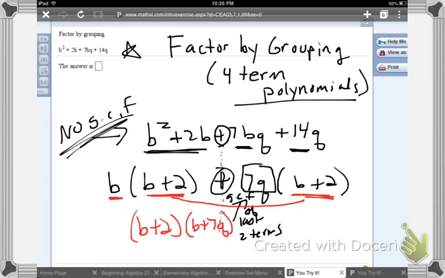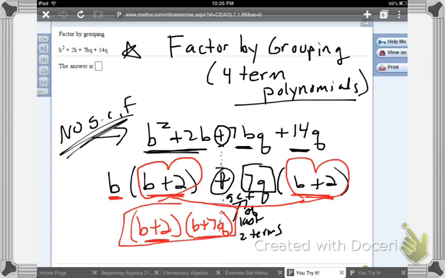Now, in a previous podcast, I talked about why that is. It's really that the entire binomial, B plus 2, is a GCF. So it's sometimes hard for people to see that initially, but know that the quantity that matches will become one set of parentheses, and the leftover guys, the B plus 7Q, will become the other set of parentheses. So big note to self, notice your final answer is a binomial times another binomial.